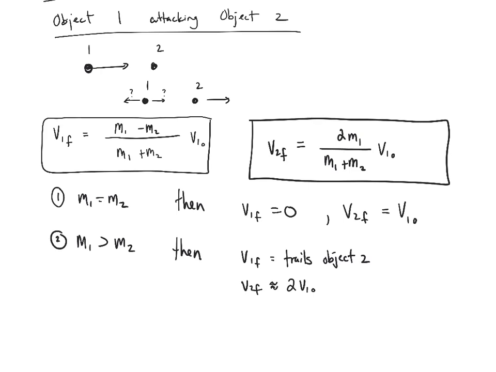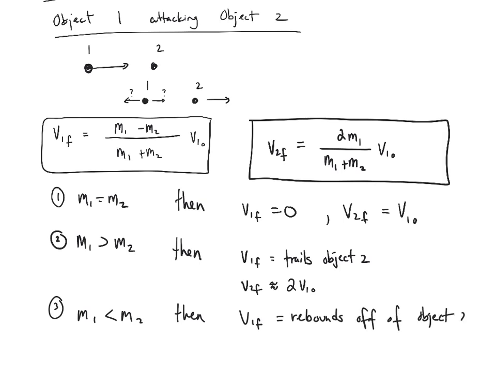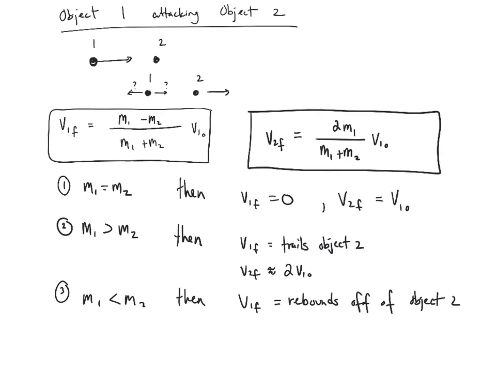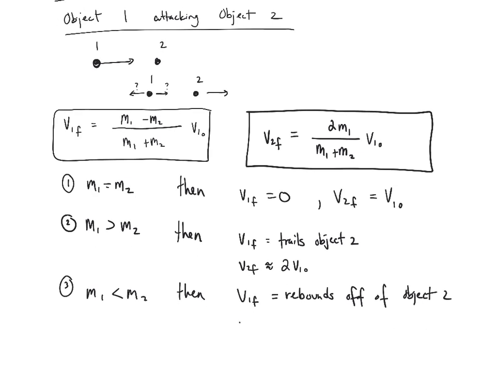In the third scenario, if the first object is less than the second object, then V1F rebounds off of object 2, and V2F, this is an interesting one.